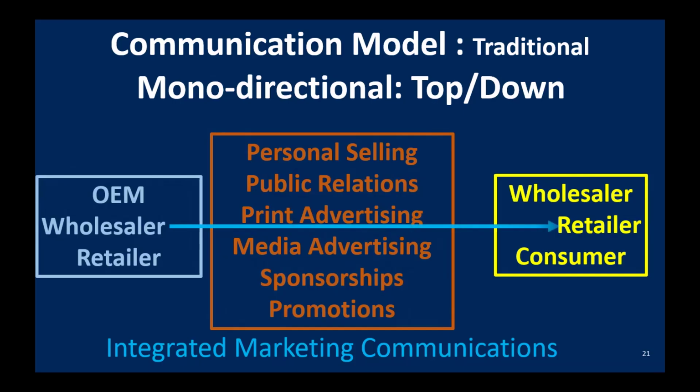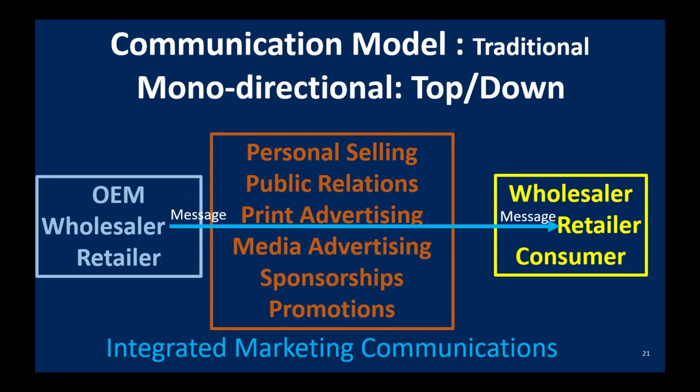The wholesaler can communicate with other wholesalers. They can communicate with retailers and with consumers. So it's not just direct one-on-one, but the higher up you go, the more potential audiences you have. Also, the retailer is going to come in and they can be targeting the consumer, and they'll be spending the majority of their time communicating with the consumer because, again, this is top down.